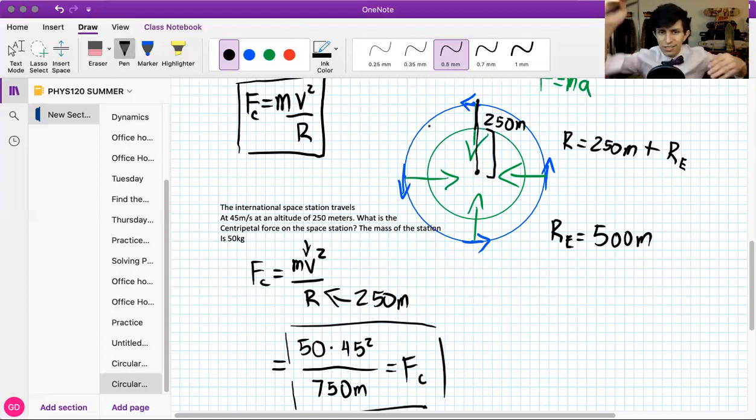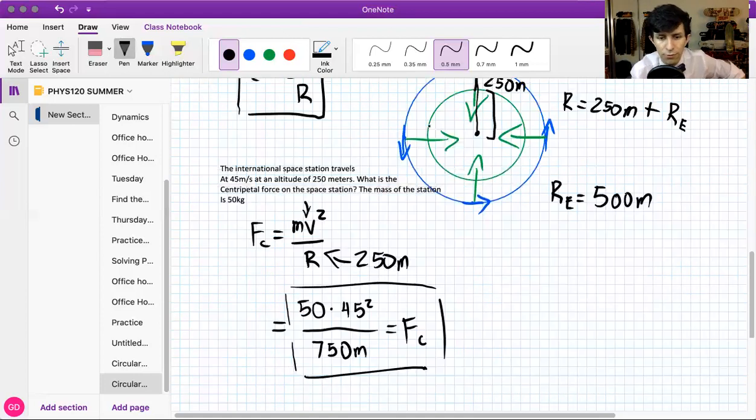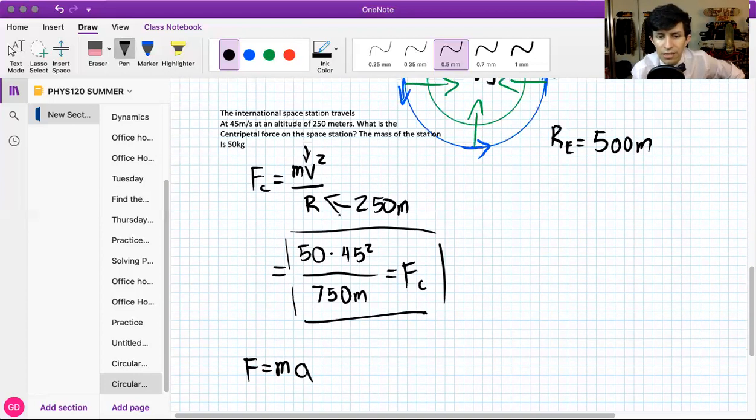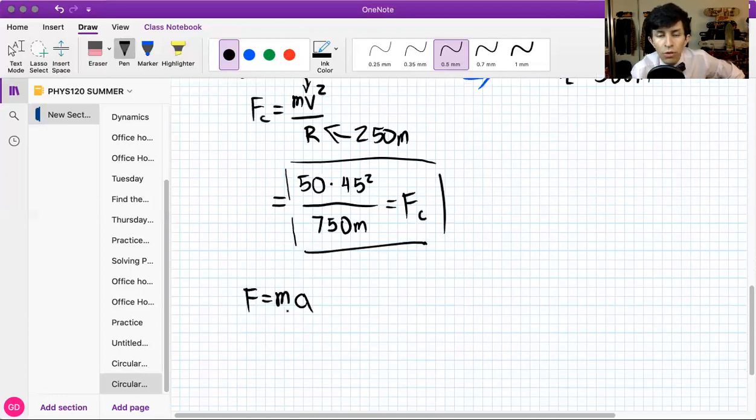Just knowing the distance from where you're at in space all the way to the center of the Earth, if you're orbiting around the Earth, you can figure out some information like the centripetal force. This Newton's law, unless you tweak it like this, you only use this when you're on Earth, like solid ground, because you just know your acceleration is g, 9.8, and then you just figure out your mass.